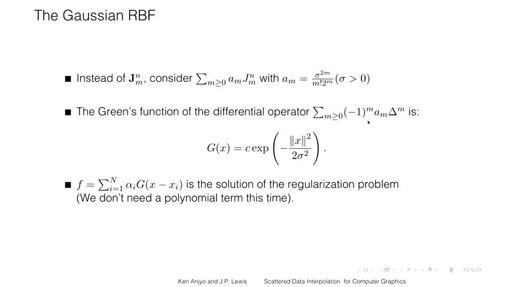So usually when you use the Gaussian-type RBF, you wouldn't use the polynomial term. This is a result of considering this kind of situation.